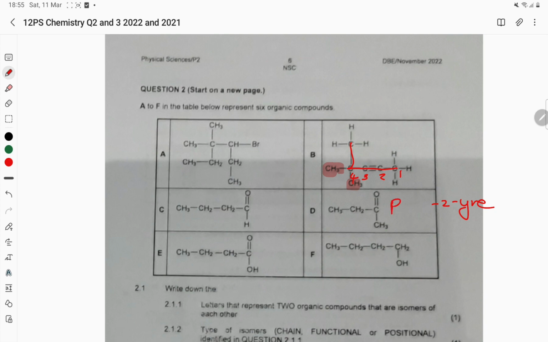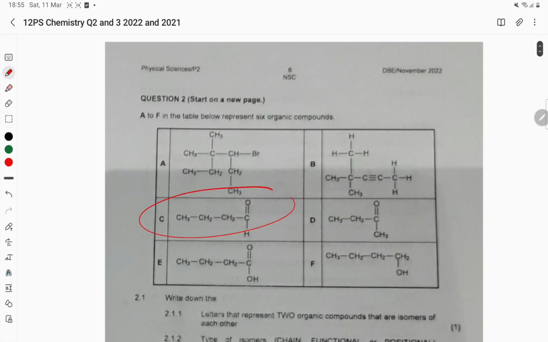So it'll be a pent-2-yne, and we have a dimethyl group, both at the same point, 4,4-dimethylpent-2-yne. Right. That's that.